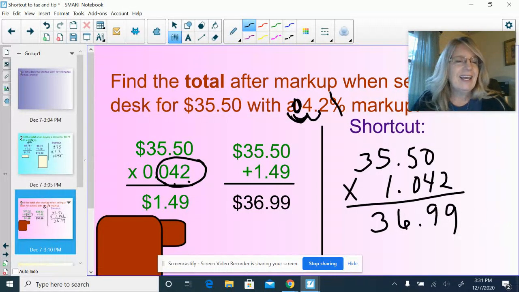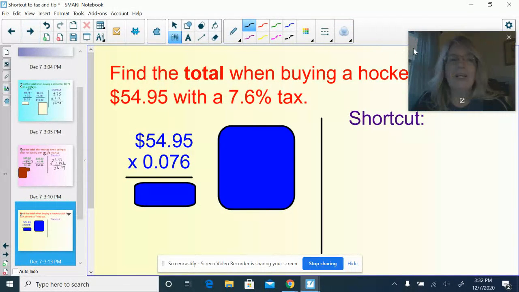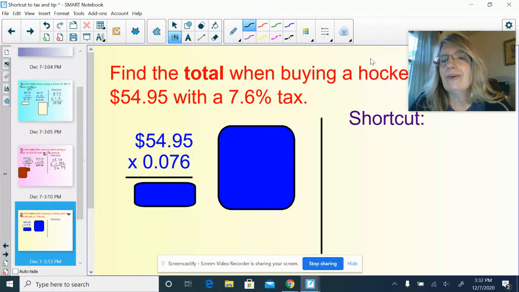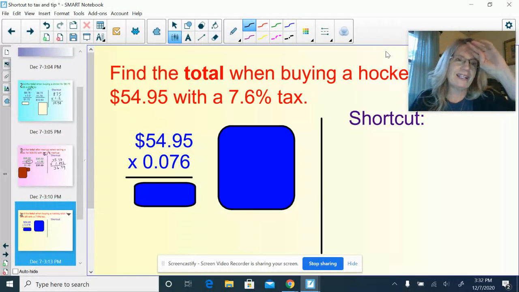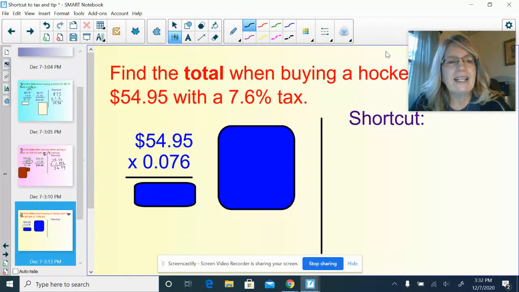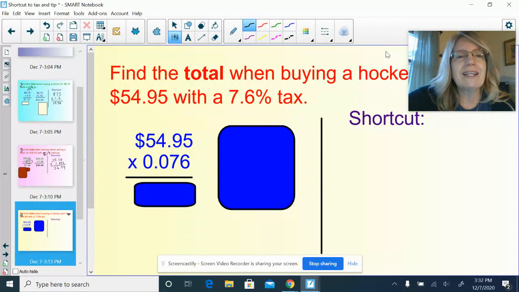Okay. Last one, just to help the concept stick. You're buying a hockey stick. The total when buying a hockey stick, and the hockey stick is $54.95 with 7.6% tax. One more time, guys. You're going to drop the percent.